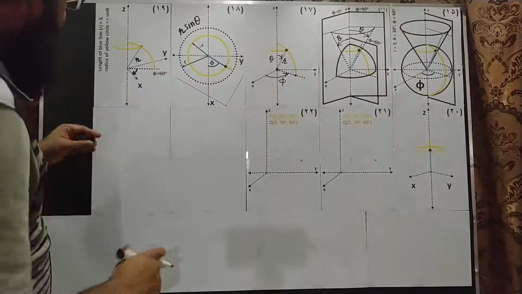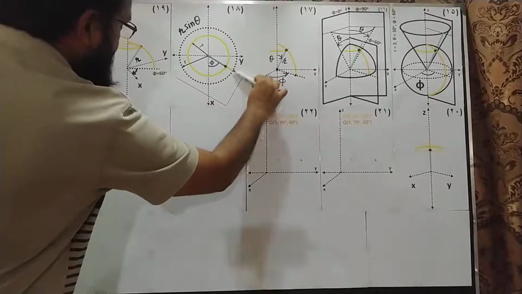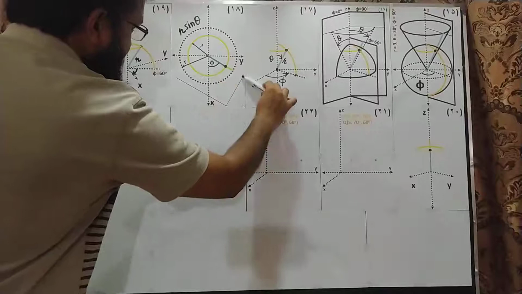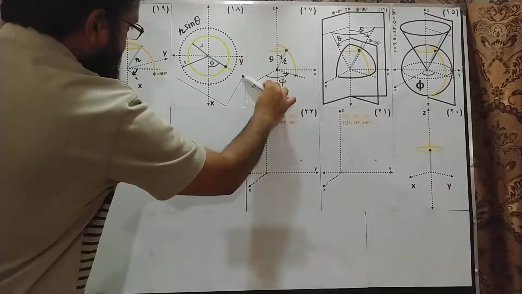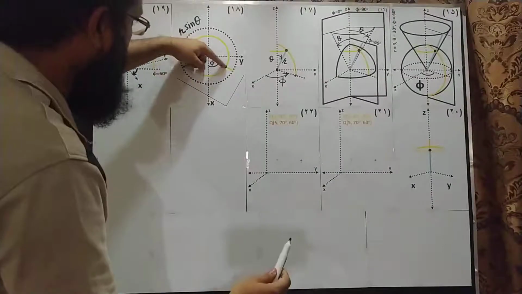All right. So if you are standing here on the xy plane and seeing this whole picture exactly from here, what will you see? A blue line. Just give it a thought.